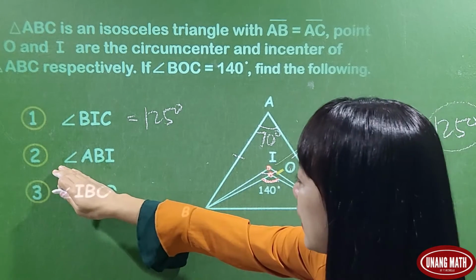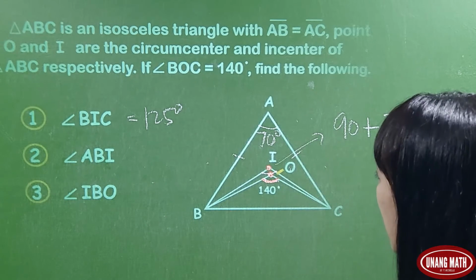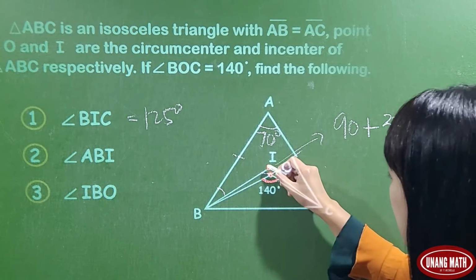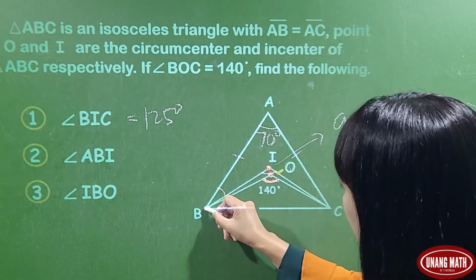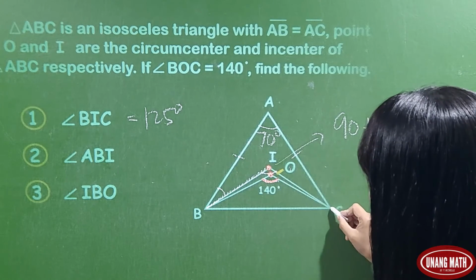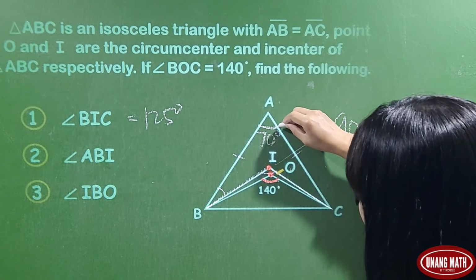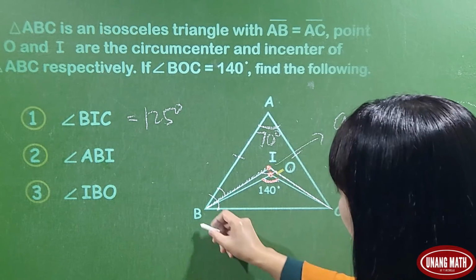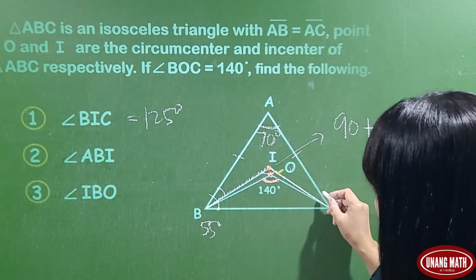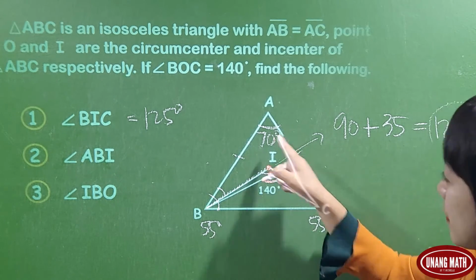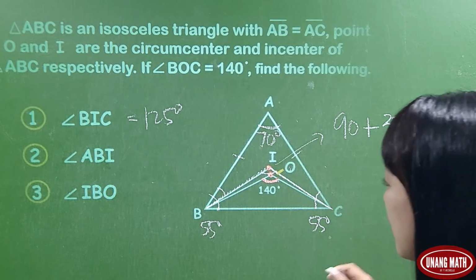Now, what about angle ABI? Since this is our incenter, this is an angle bisector. If this is 70 degrees, then this angle is 55 degrees. This is 55 degrees. 55 plus 55 plus 70 is 180 degrees.